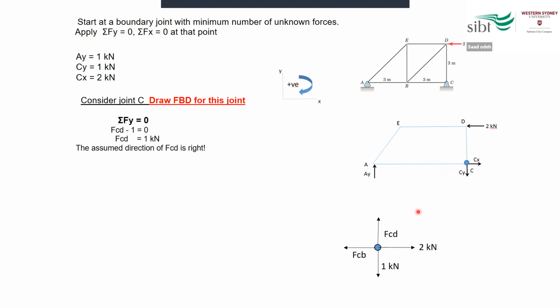We can take, for example, joint C individually as a point of the truss, and put all the forces acting on this.